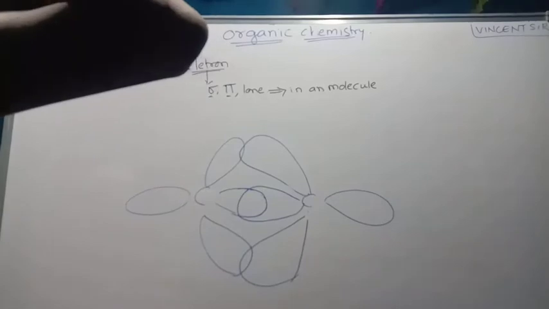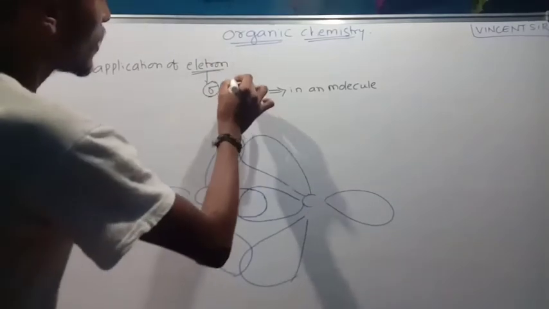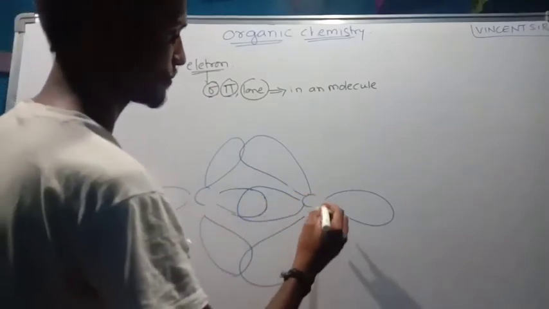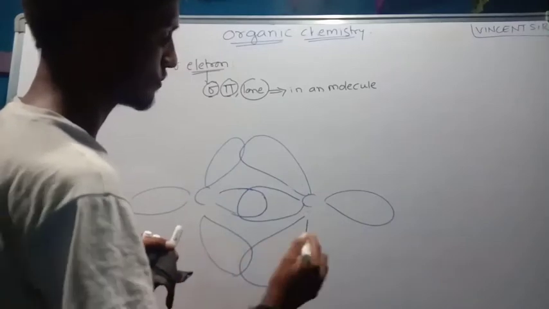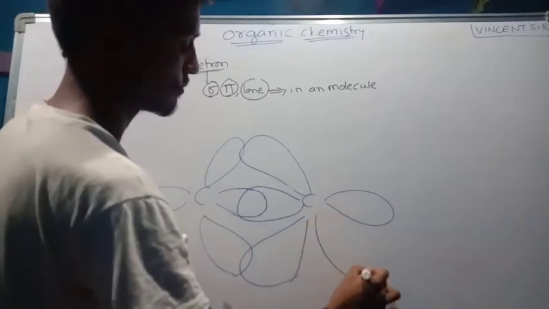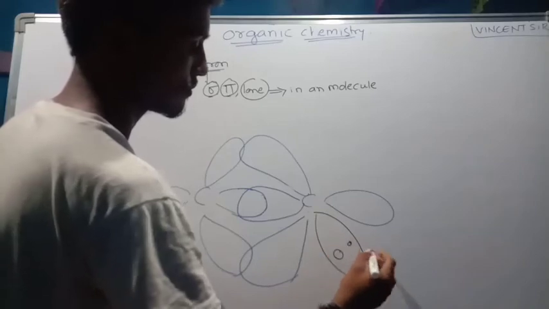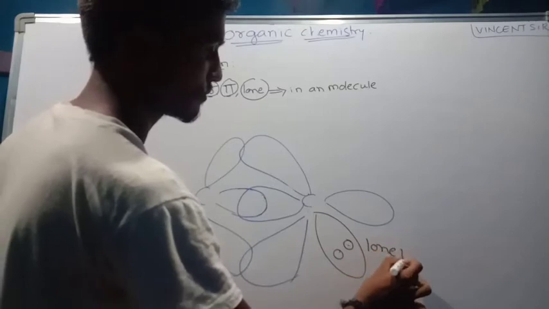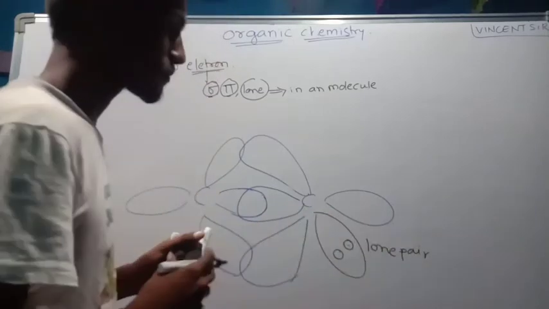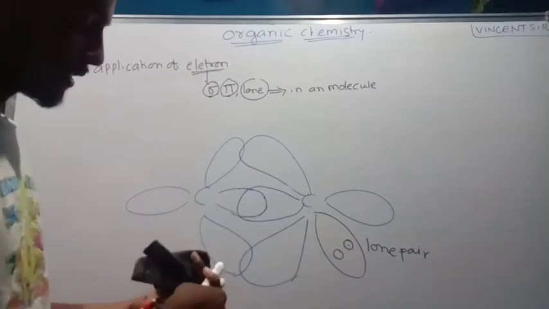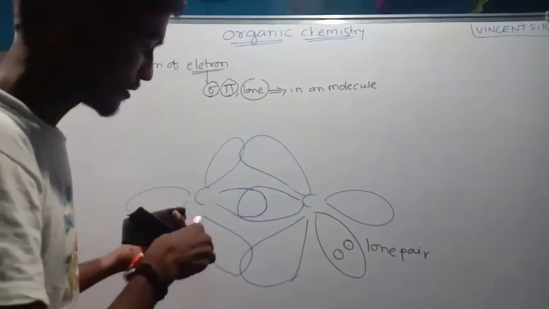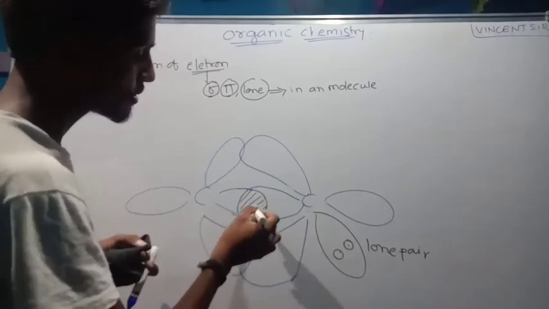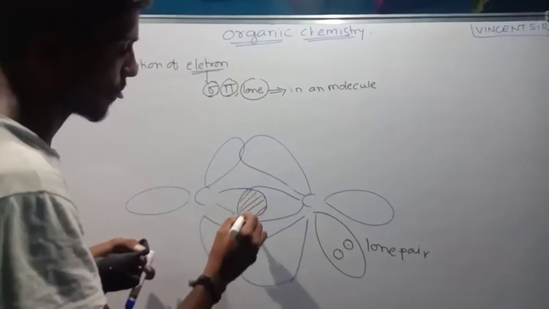Now, how is the energy of sigma, pi and lone pairs of electrons? Now you can take this compound and there is a 50% overlapping in sigma bonding.